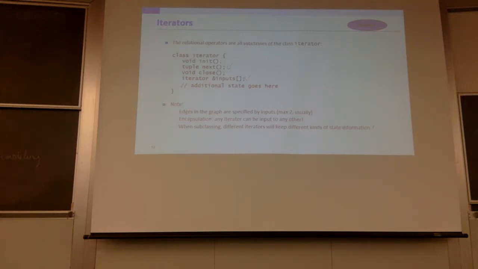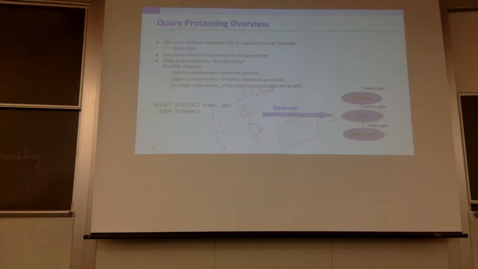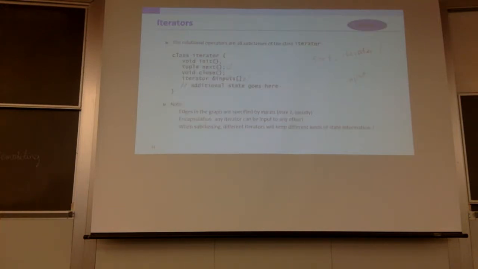It's basically, so suppose we have a sort, right? Suppose this iterator for sort is called sort iterator. Then the input here is, suppose this is the previous example, basically an abstract iterator of the heap scan.